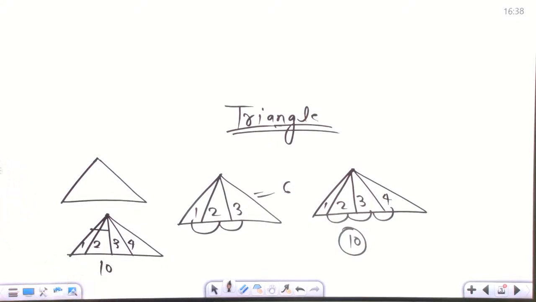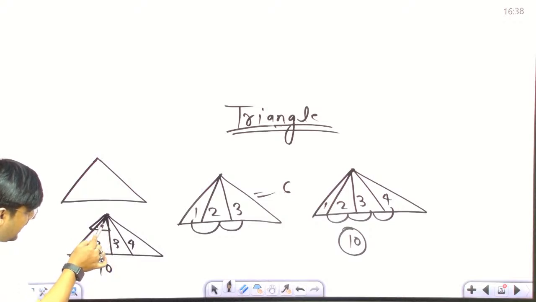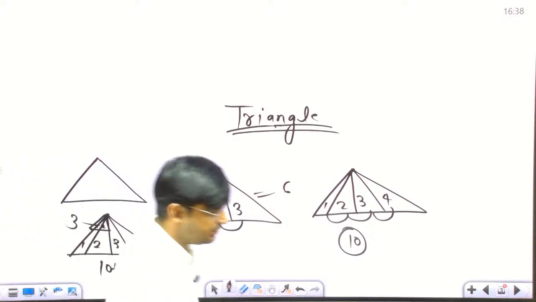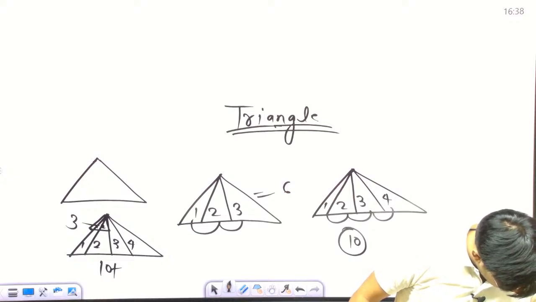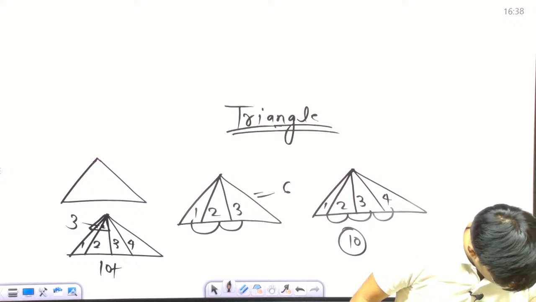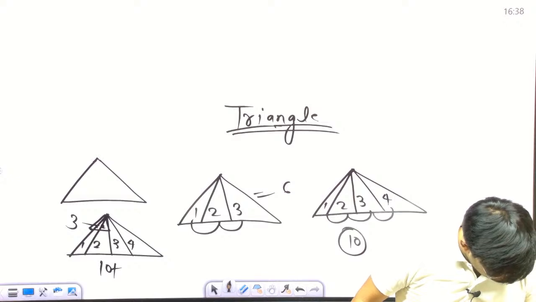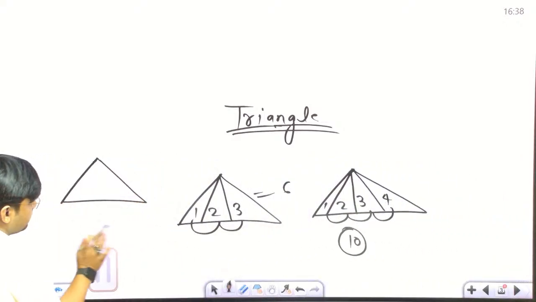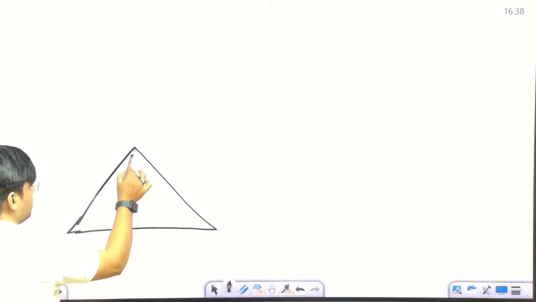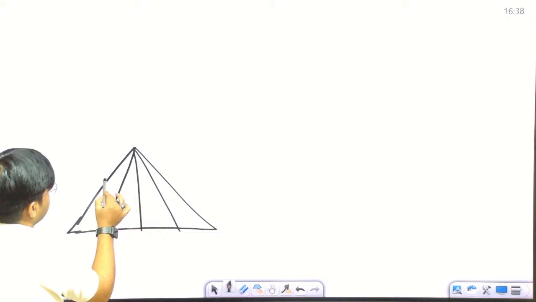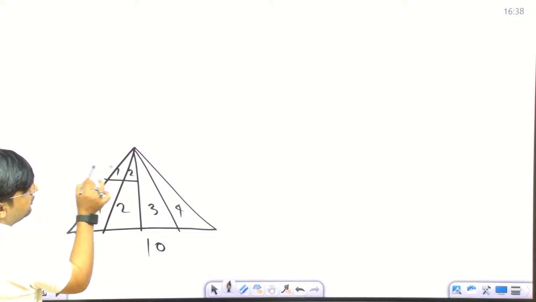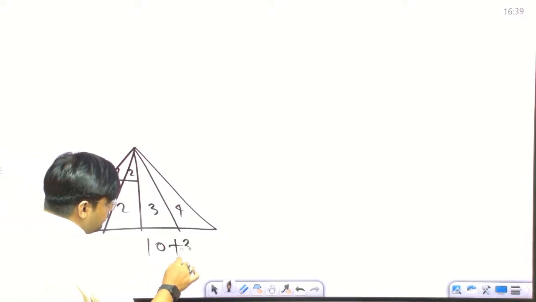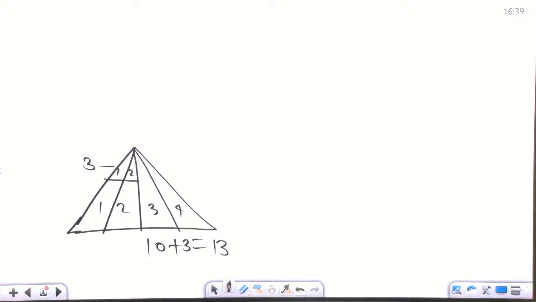There are 10 triangles and 1, 2, 3 more triangles. 10 plus 3 equal to 13. There are 13 triangles in this figure. Clear?